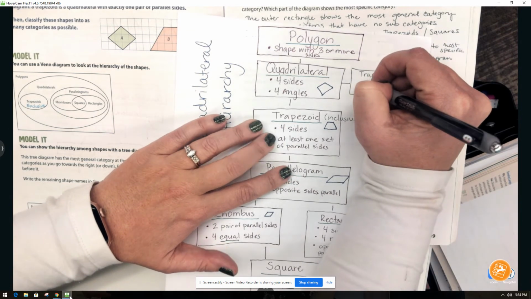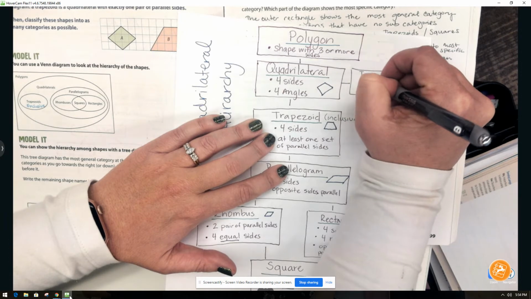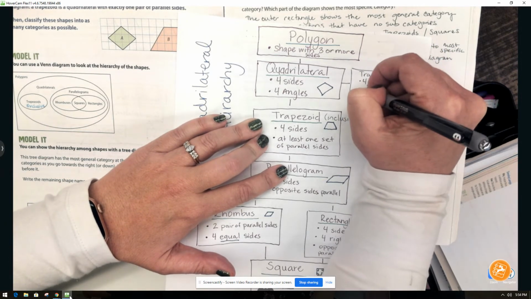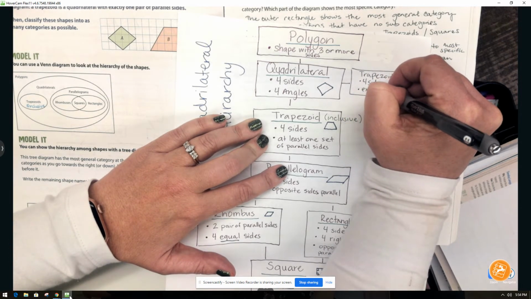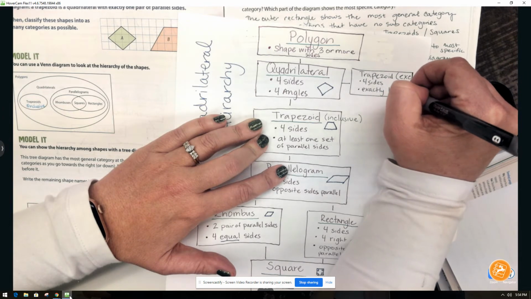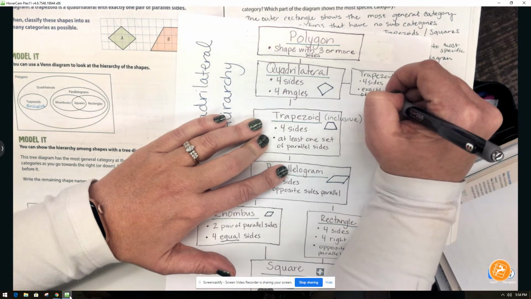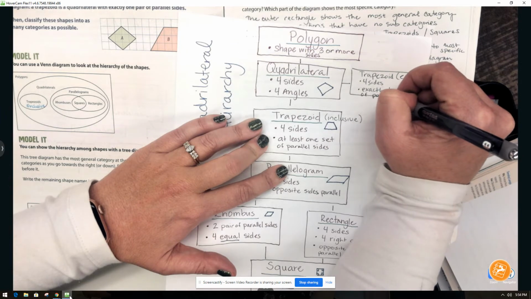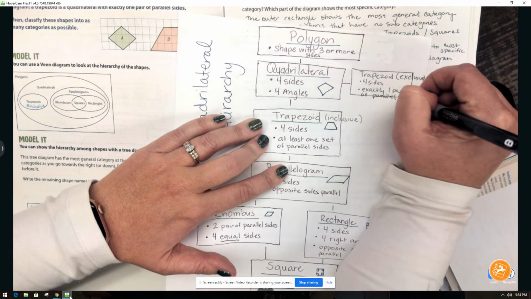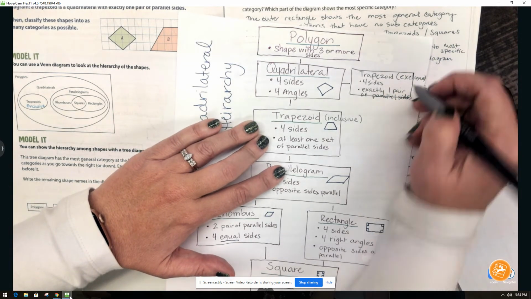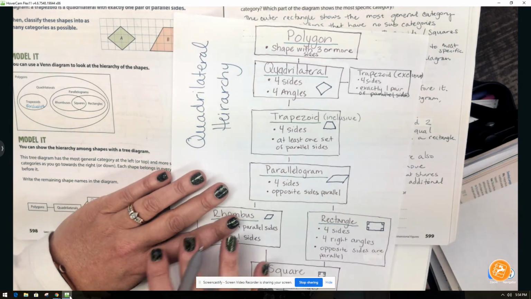And because it has four sides and exactly one pair of parallel sides, that's where this trapezoid would go.